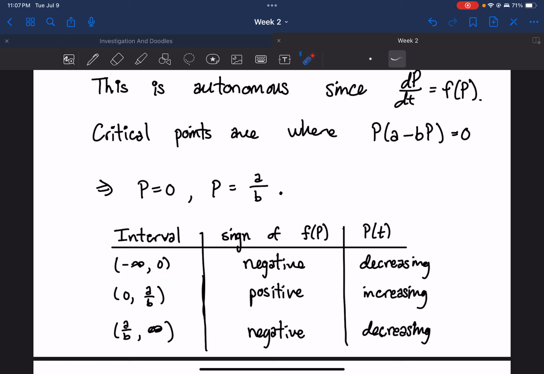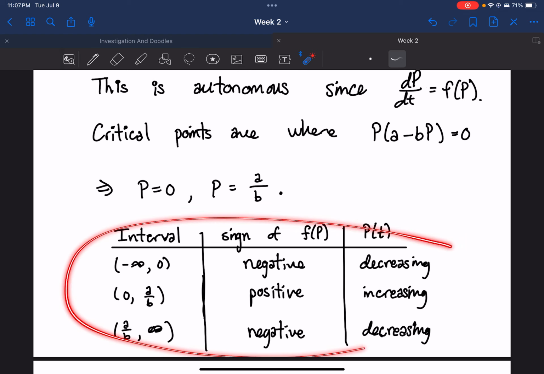You can do a similar game where you pick p in this interval. You see that f of p must be positive, which means dp dt is positive, which means p of t, the actual solution, is increasing on this interval. You can do this for all the critical points, and you fill out this nice little table.